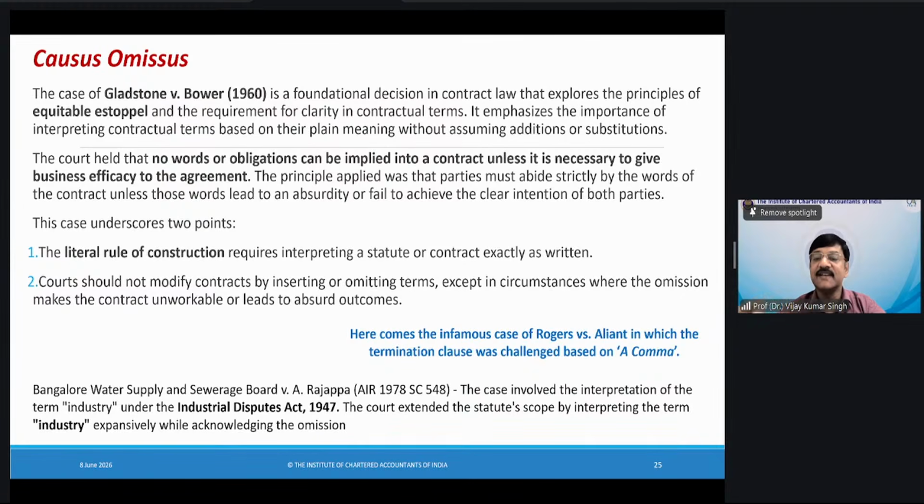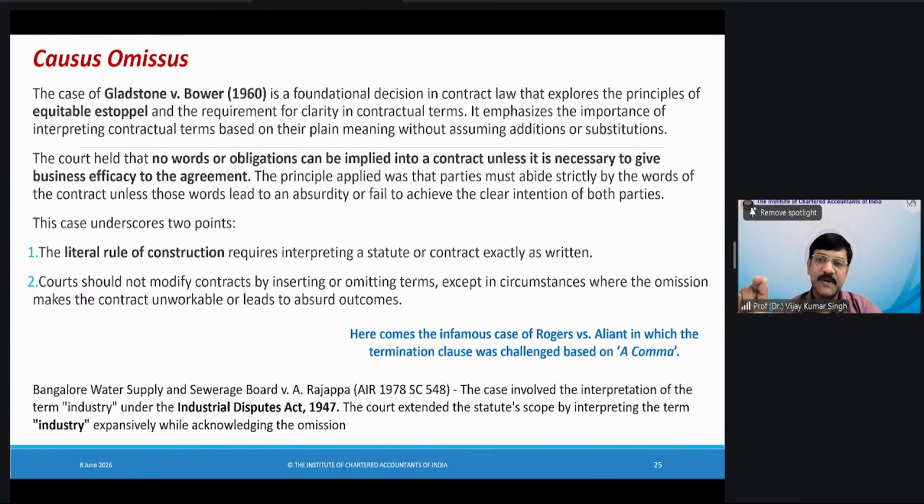So the court extended the statute's scope by interpreting the term industry expansively while acknowledging the omission. So at some places, the court also acknowledges the omission. So this is the principle of causus omissus, where courts sometimes provide the omission, but generally in normal circumstances, courts won't provide for omission and will interpret the law as it is.